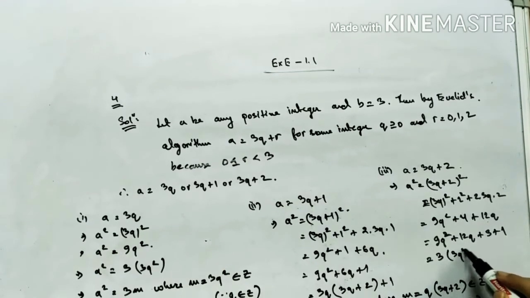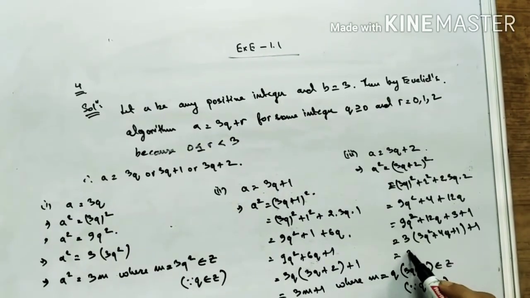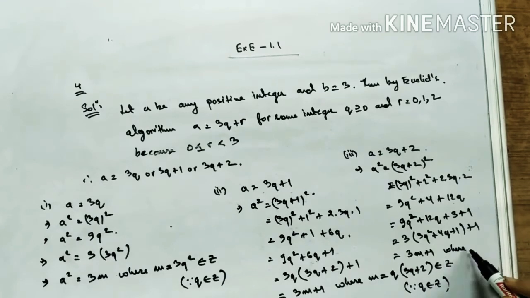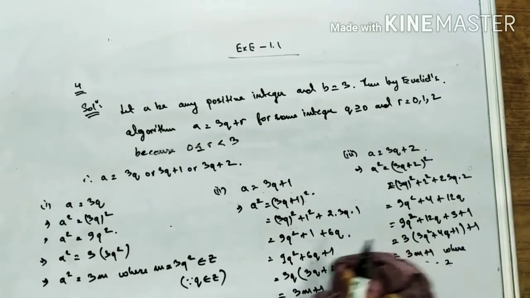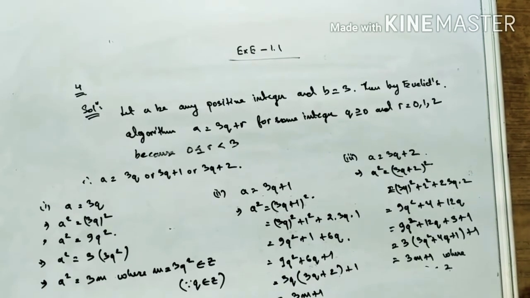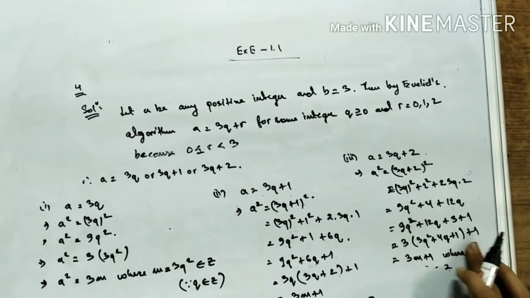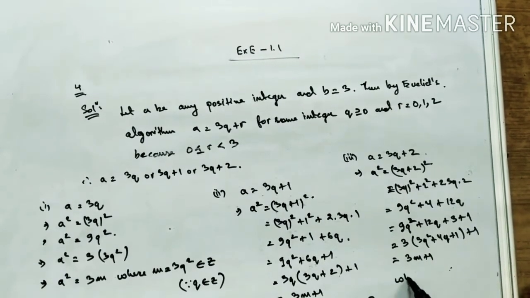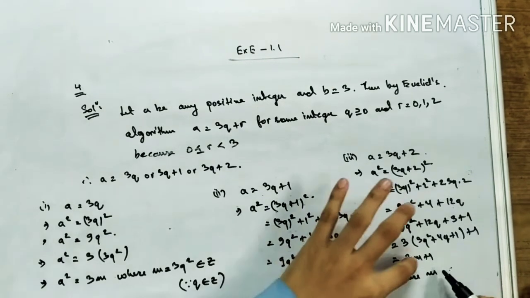So I will get 3q square plus 4q plus 1. Understand? So this one whole thing I can write as 3m plus 1, where m is equal to q, 3q plus 2 belongs to Z since q belongs to Z. So this m value, how much is it?